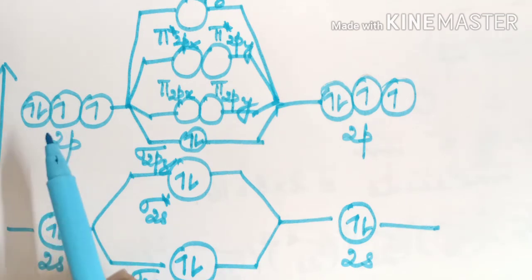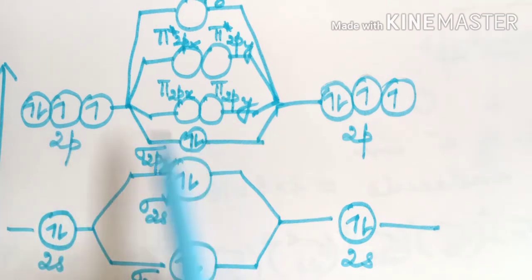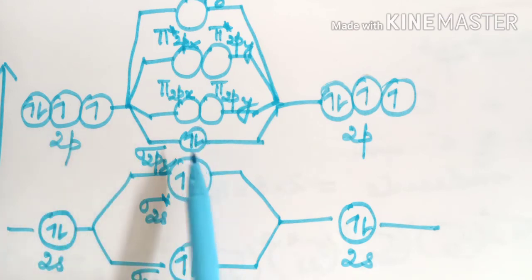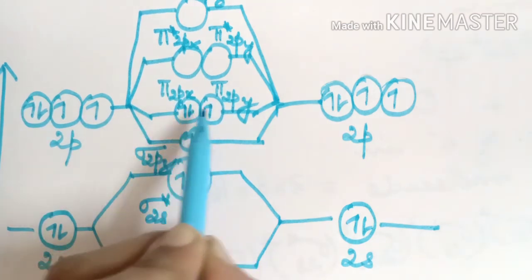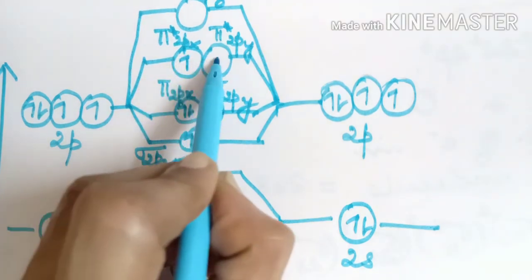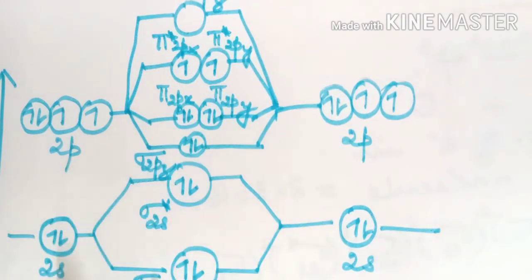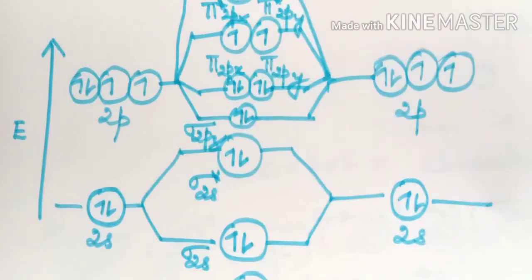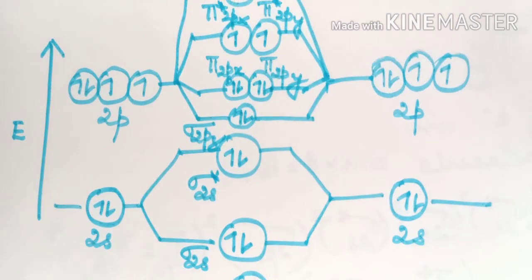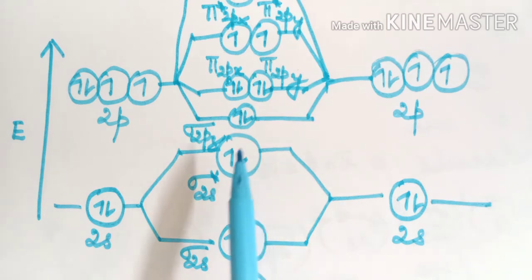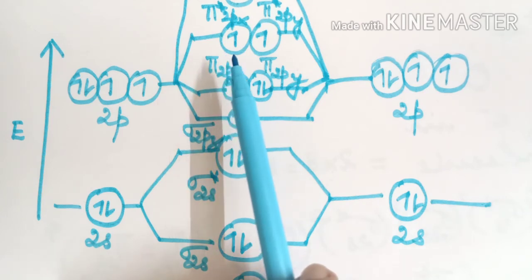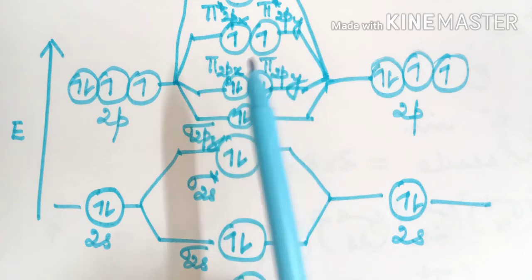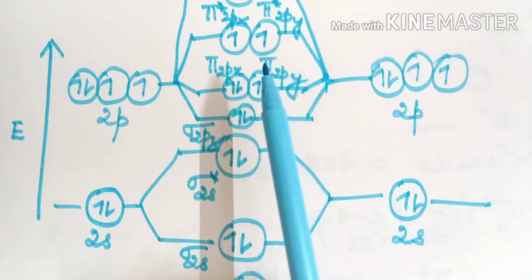Now we have the rest of the electrons to be arranged. We have a total of 8. We have arranged 2 of them, so 6 are remaining. So now 1, 2, 3, 4, 5, 6. So all the 8 are arranged accordingly. On analysis of the molecular orbital diagram, one is able to understand that in the outermost orbital, that is the pi star 2px and pi star 2py, we find two unpaired electrons are present.